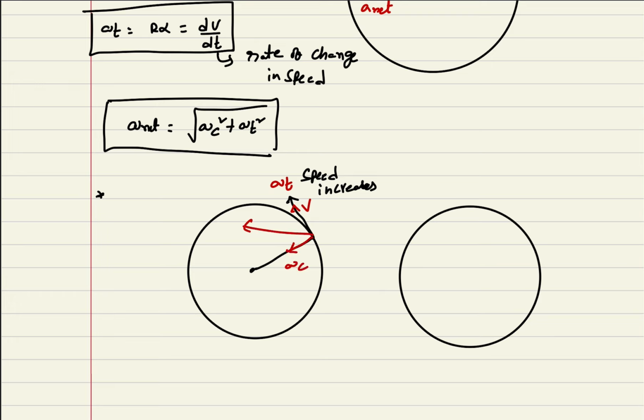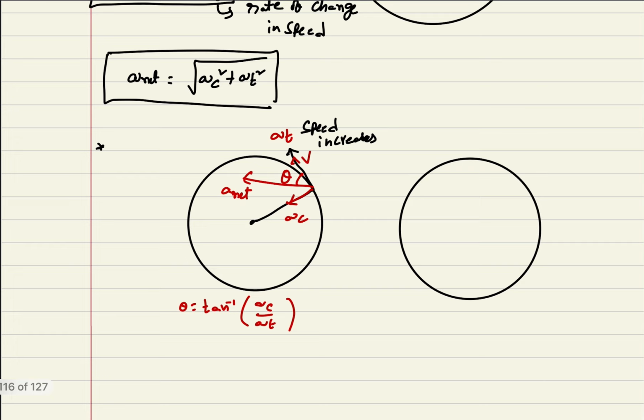Centripetal acceleration is like this, and the net acceleration makes angle theta. In this case theta is equal to tan inverse of AC divided by AT. AT and V bar are in the same direction.